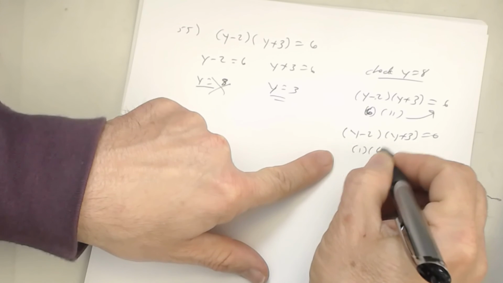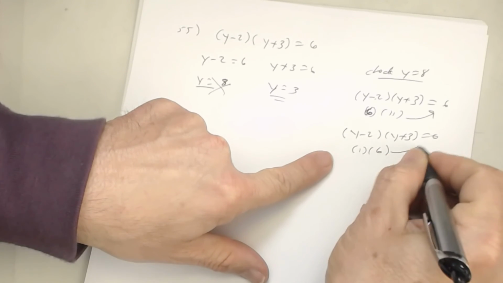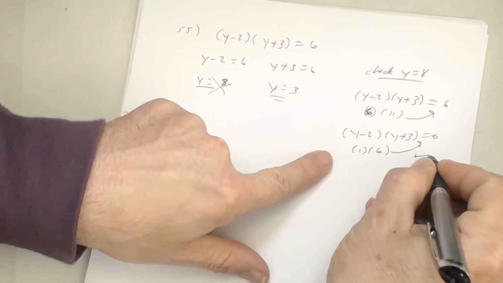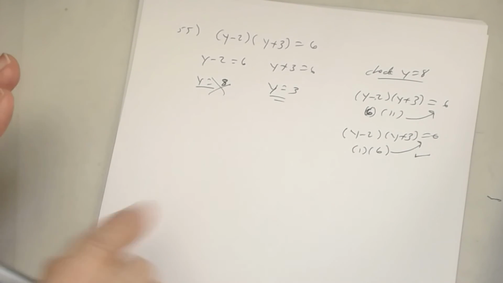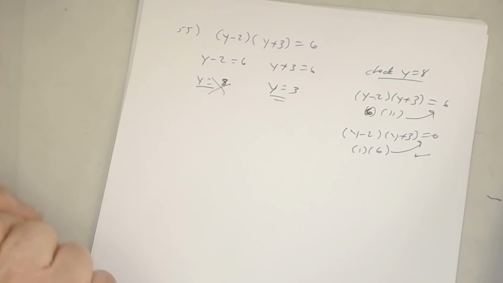What's 3 plus 3? 6. Is 1 times 6 equal to 6? Yes. Whenever you do that, you don't get all of your solutions. You get how many of them? 1 only. And how many should that be? 2. So that zero factor property only applies if what number's on the other side? 0.